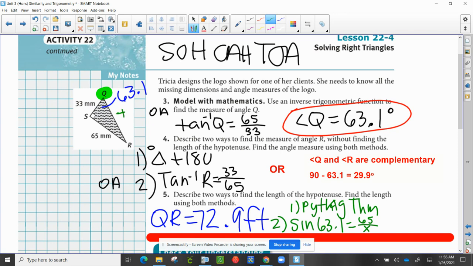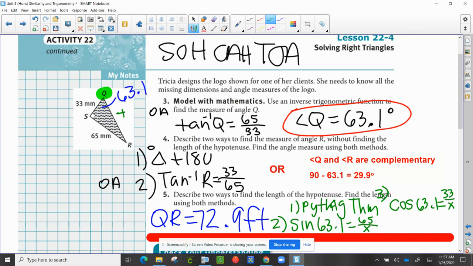So you could also have done cosine. This is, I guess, option 3. Cosine of 63.1 would have been 33, adjacent, over hypotenuse. And then I guess options 4 or 5 could have been using angle R. Same thing, using sine or cosine with angle R to figure out the length of the hypotenuse.